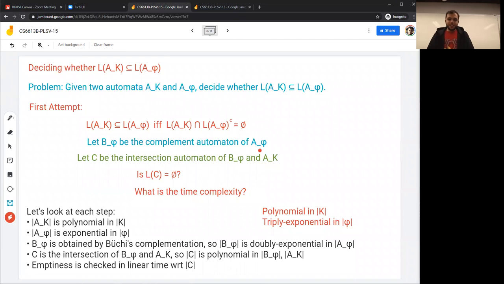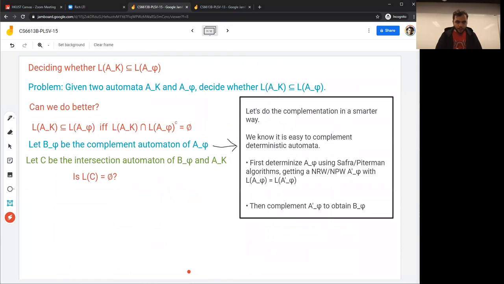But several sessions back, we also saw an algorithm for determinizing the automata. We had an algorithm that took a non-deterministic Büchi automaton and turned it into a deterministic Rabin automaton or a deterministic parity automaton. These were the algorithms of Safra and Piterman. So let's use those. So let's basically be a bit smarter in how we do complementation.